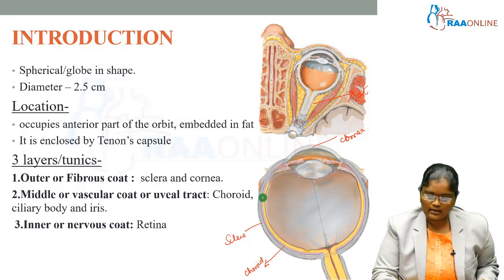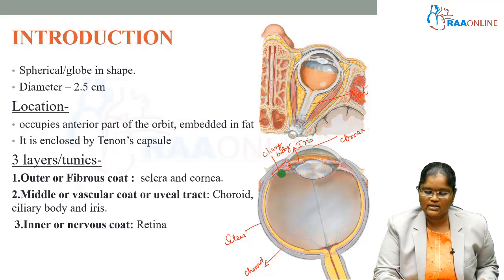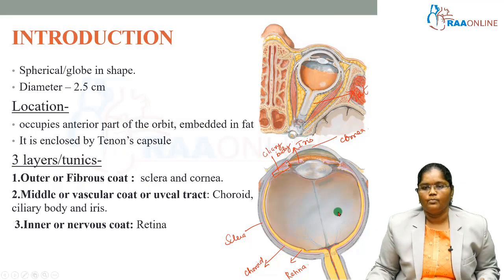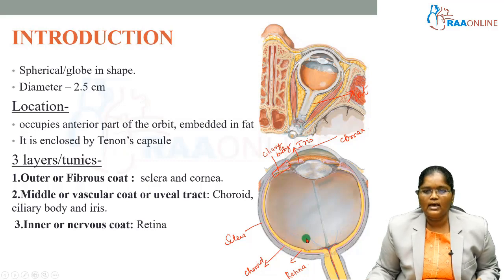The choroid continues anteriorly, and this portion is the ciliary body, and anteriorly this is iris. So these three structures form the second layer of the eyeball. The third layer is the nervous coat, which is represented in yellow color, that is retina, the nervous layer of the eyeball. So these are the three coats present in the eyeball.